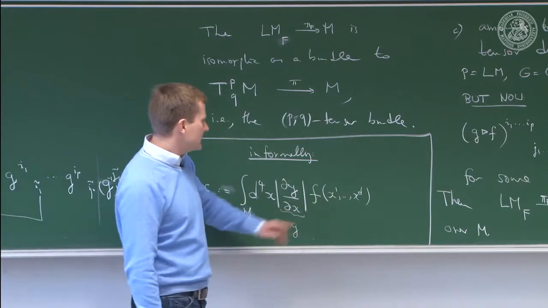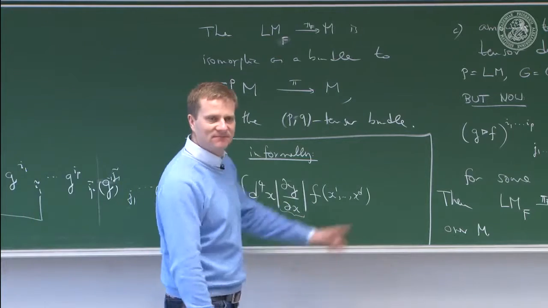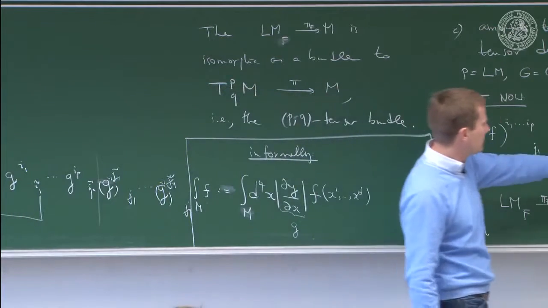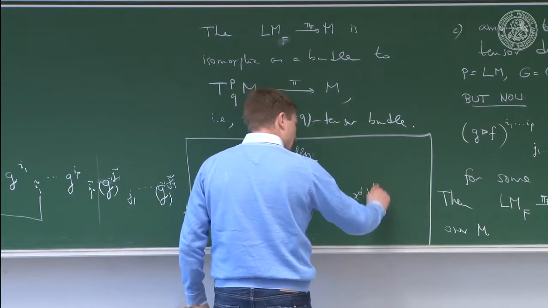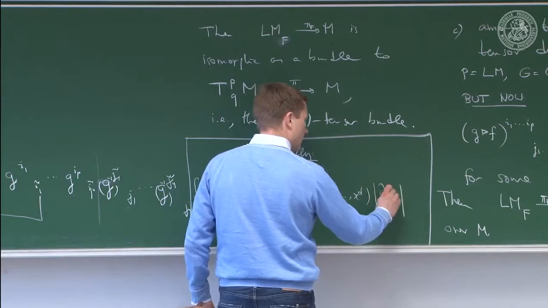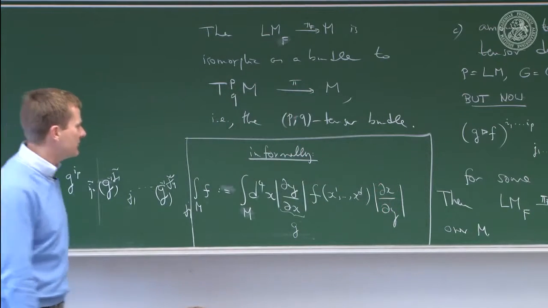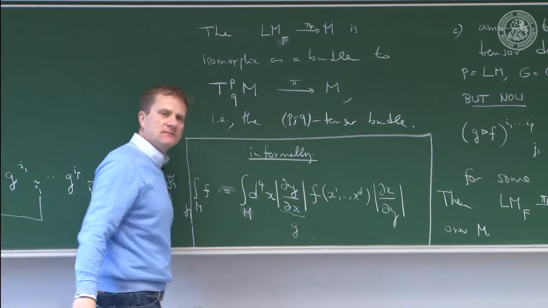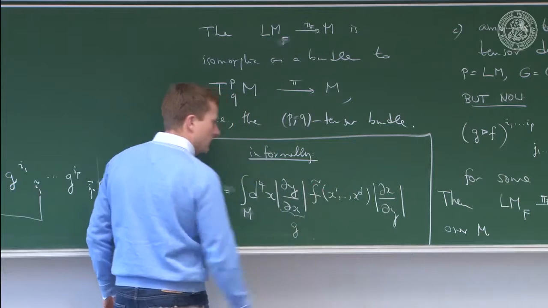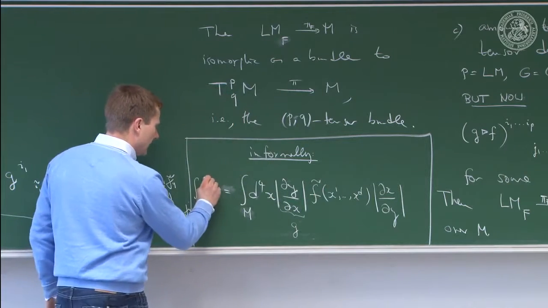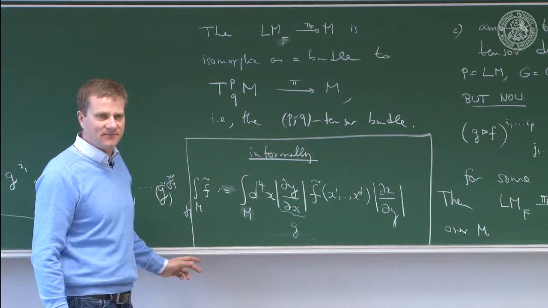If this f is not a function but a function density, it picks up just this determinant factor. Under the same transformation of chart, it will pick up this G inverse, and those will cancel. I put a twiddle on top in order to indicate a density. You cannot integrate a function. You can only integrate a function density.